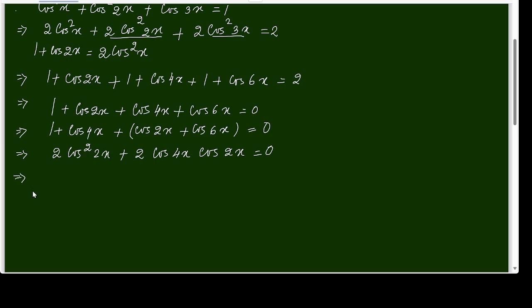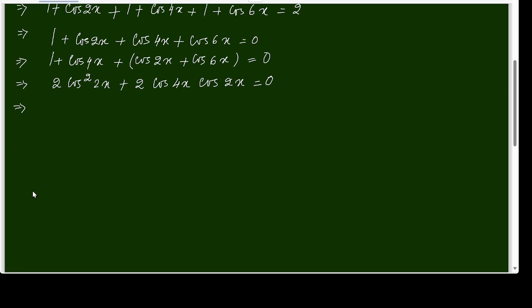I can divide by 2 throughout so that I get cos square 2x plus cos 4x equal to 0. So I am taking cos 2x common. So it will be cos 2x times (cos 2x plus cos 4x) equals 0.